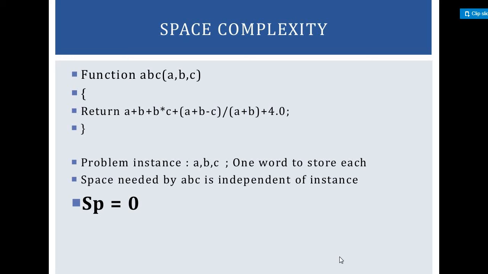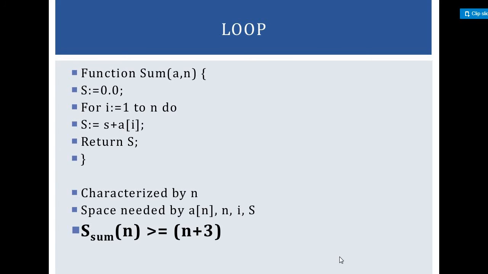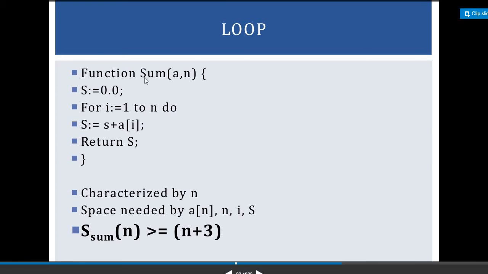So this is the space complexity. Then the loop, the function sum. This is the algorithm and the space needed is n, so the space for sum is n plus 3.